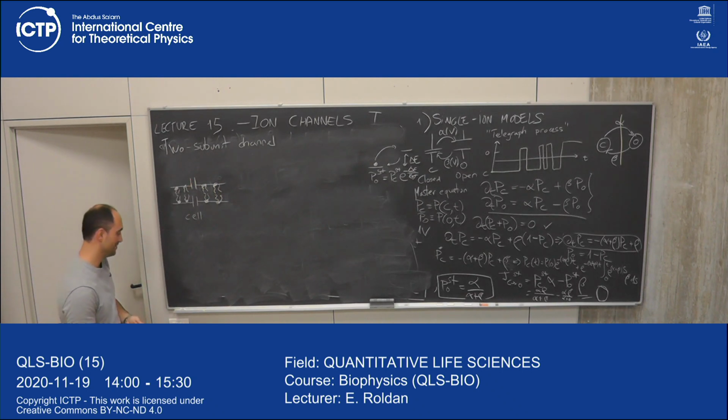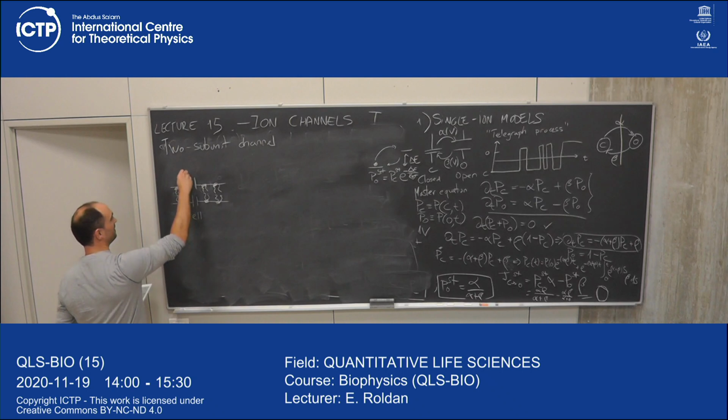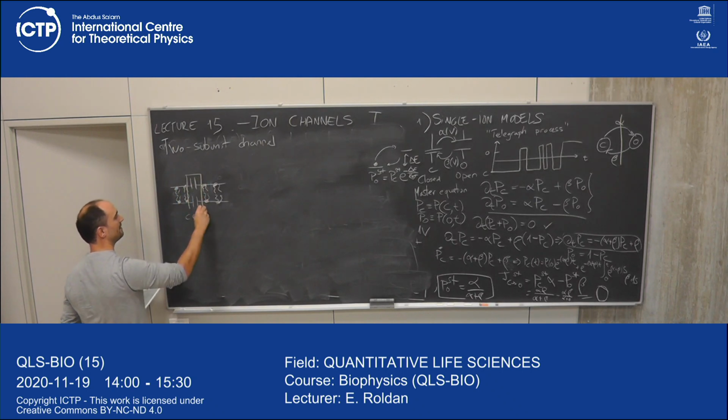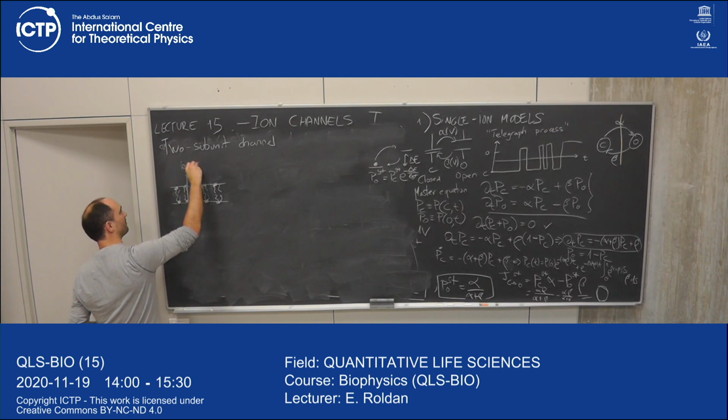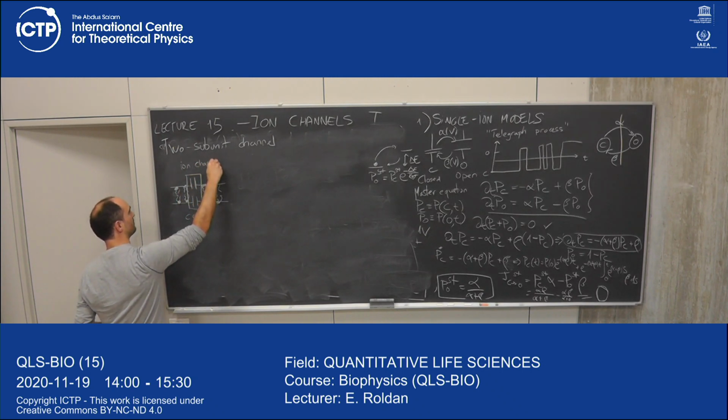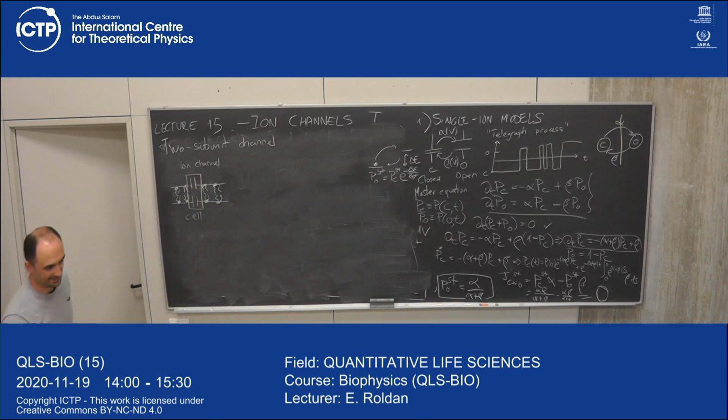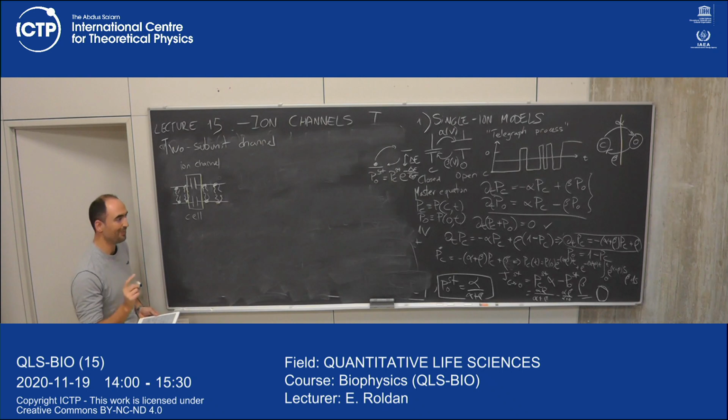This green area is the ion channel, and the ion channel has two gates. And the point is, ions can pass when the two gates are open.